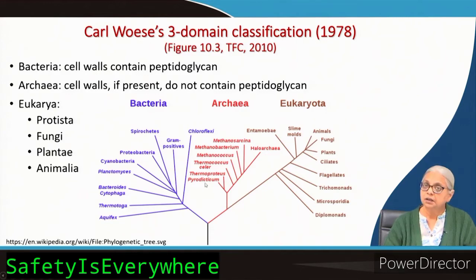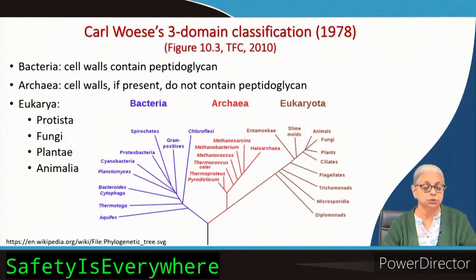So these are strictly anaerobic bacteria. They cannot survive in the presence of oxygen. So you're not going to find them around you where oxygen is plentiful. These are extremophilic bacteria that prefer very well defined environments, not similar to what we have around us.